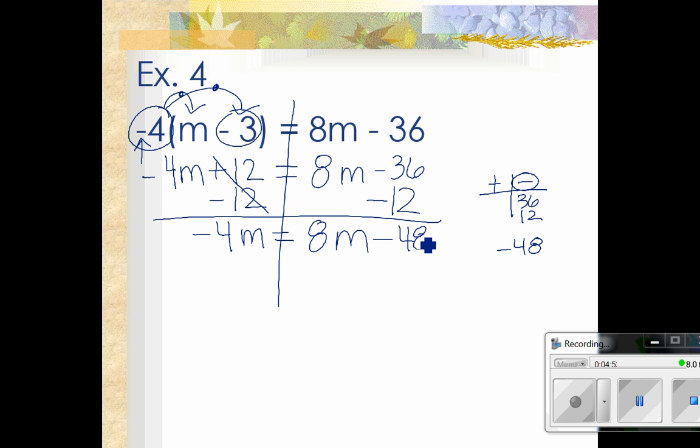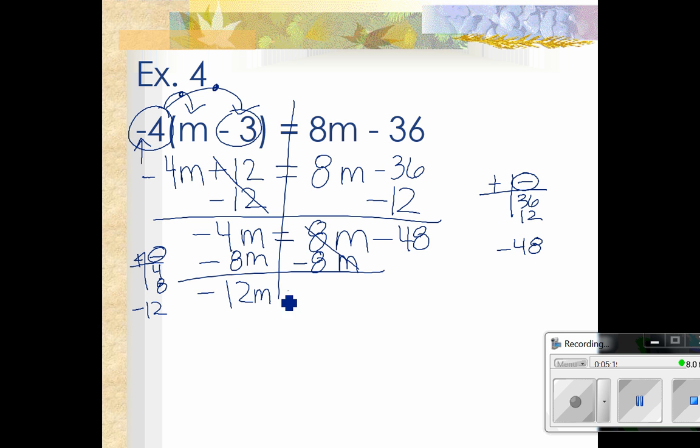Now we have one term on the first side, two terms on the second side, so we need to look at the second side. Something's got to go. And the only thing that has a friend on the other side is the m. So we're going to subtract m from both sides. T-chart again. They're on the same side, so you combine them and you keep your negative symbol.